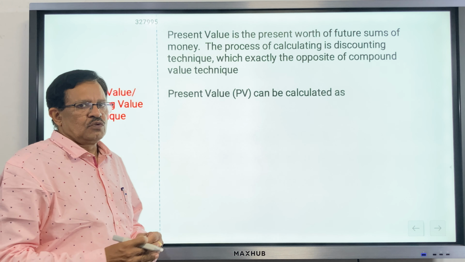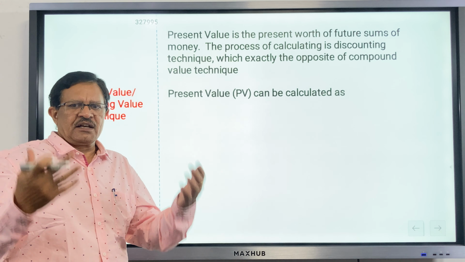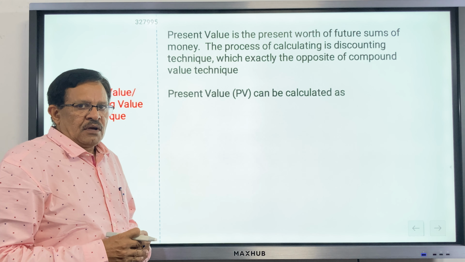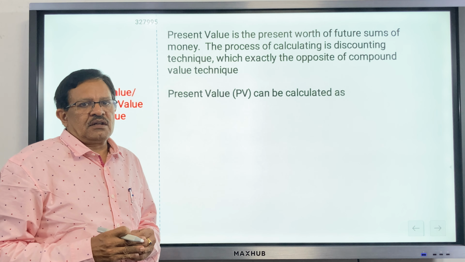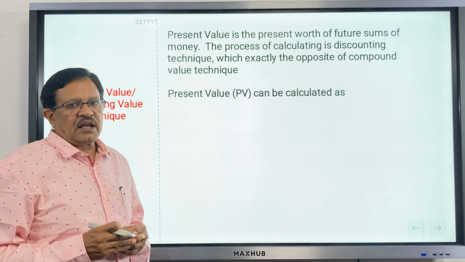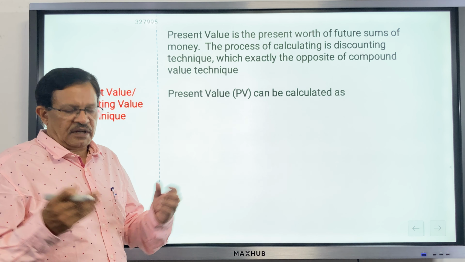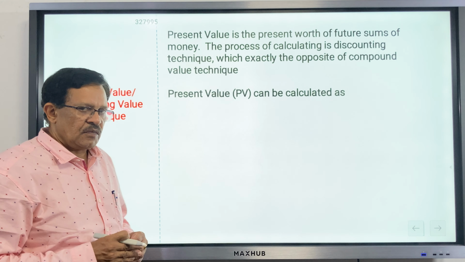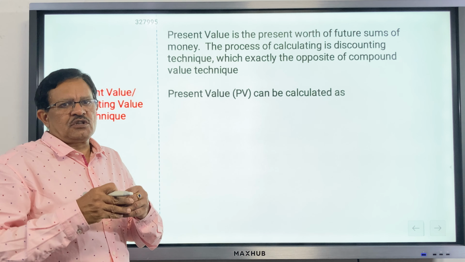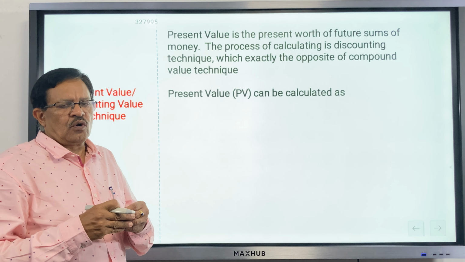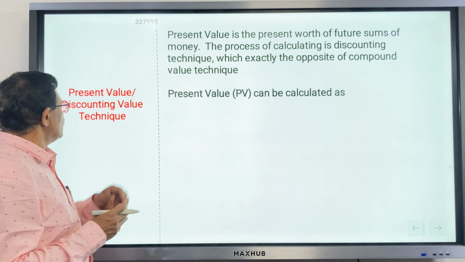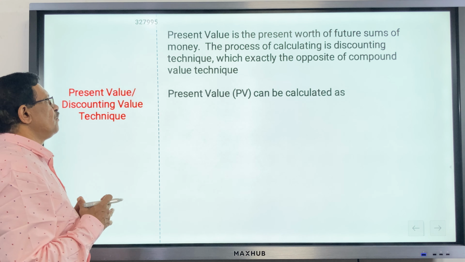Let's move to another very important concept. We have seen until now the compounding technique or the future value technique. There is another concept which is quite opposite to this, which we call the present value concept or the discounting value technique.